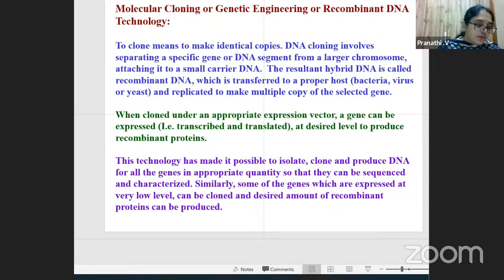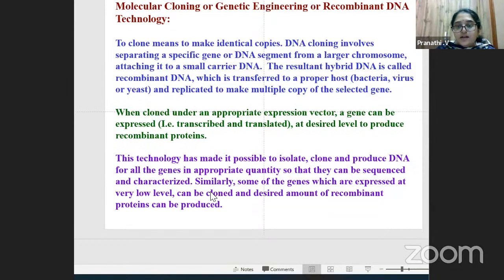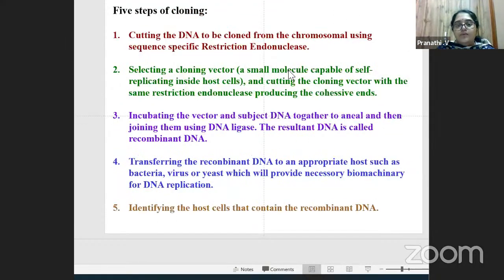When it comes to the production of an rDNA molecule, you have to extract the DNA. Production and cloning, or for that matter any kind of rDNA technology, involves a few steps. First is extraction of the DNA, isolation of the required DNA from the desired organism.